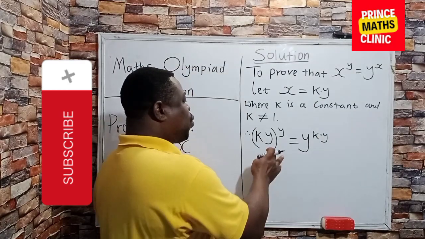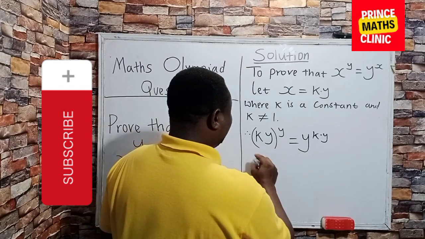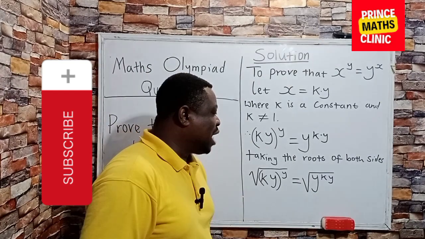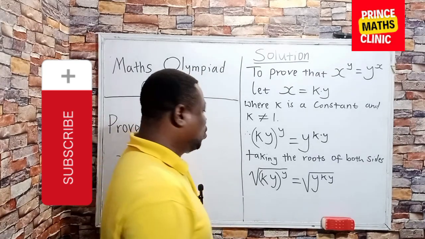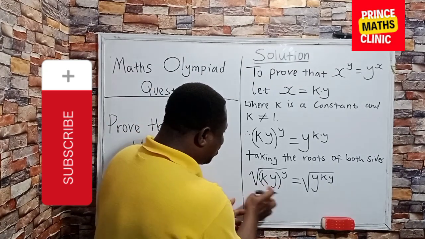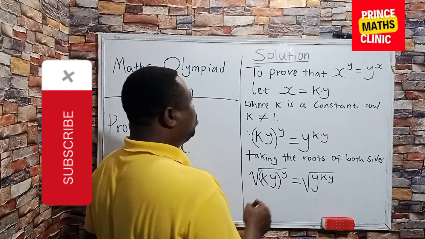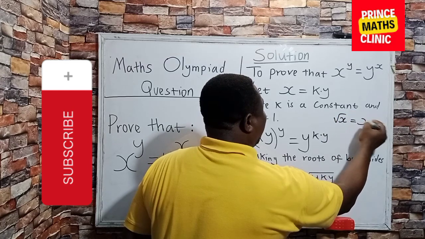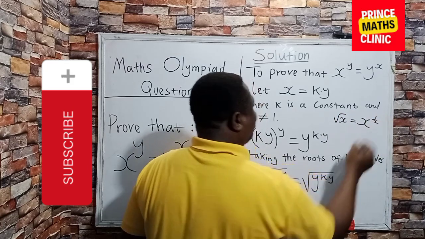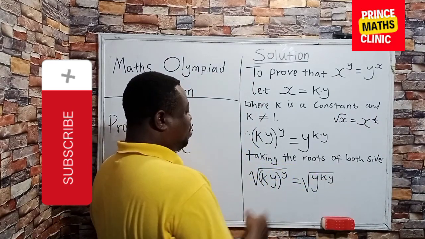I'm going to take the square root of both sides. Now, taking the square root of both sides, I will have something like this. Then the next thing I want to do is to rewrite the square root. You know, when you have the square root of x, it is the same thing as x to the power of 1 over 2. I'm going to use that principle here.